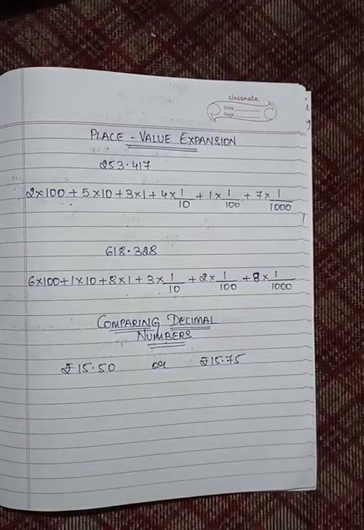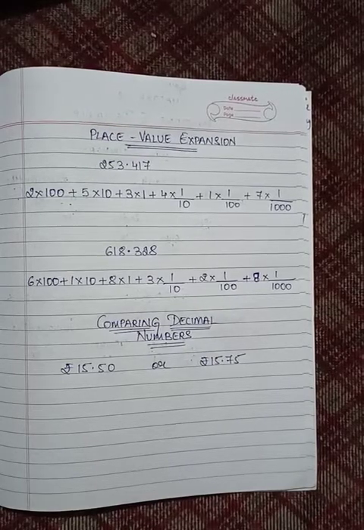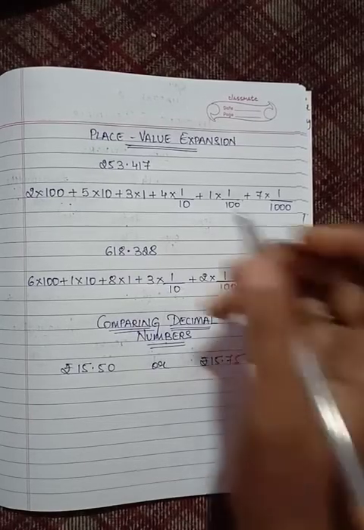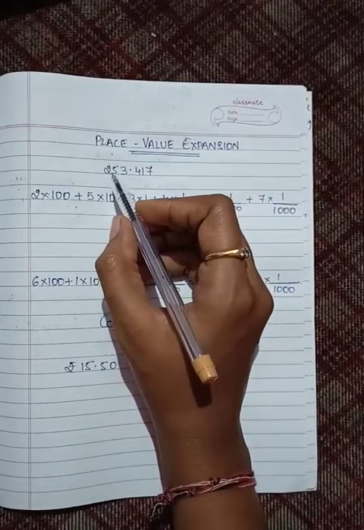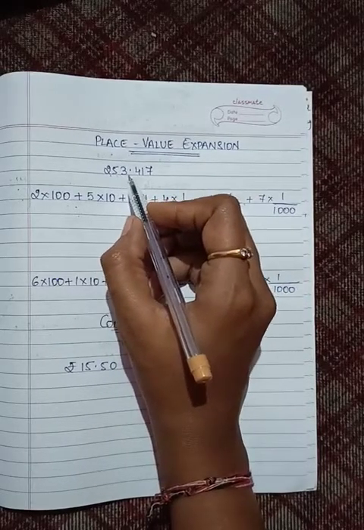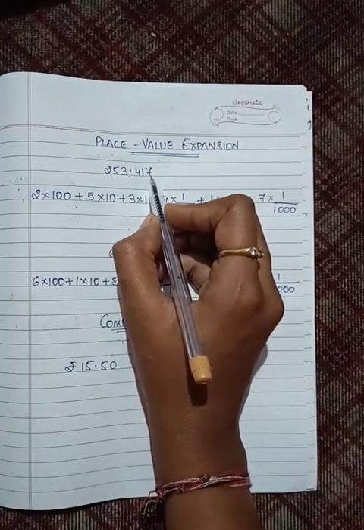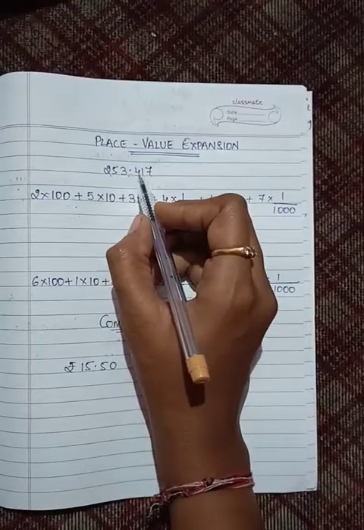After studying about the place value, now let us study about the expansion of place value. Let me take an example, 253.417. So how do we expand this? It has a decimal point and there are numbers after it.